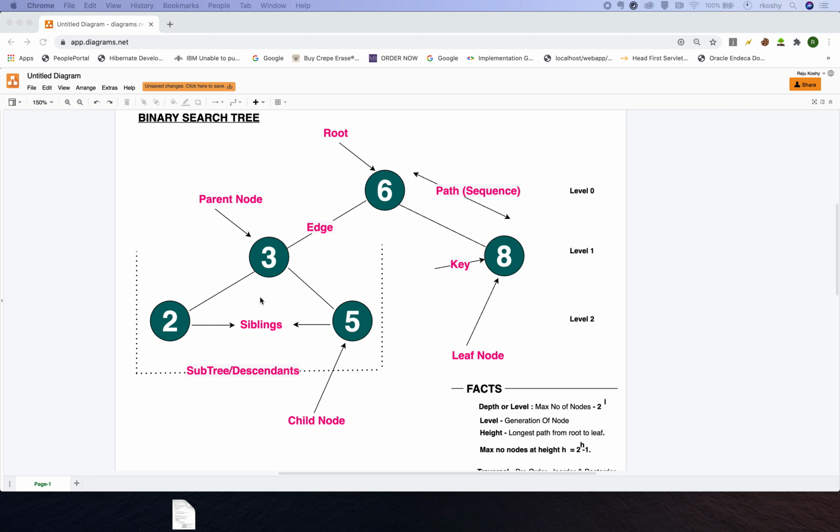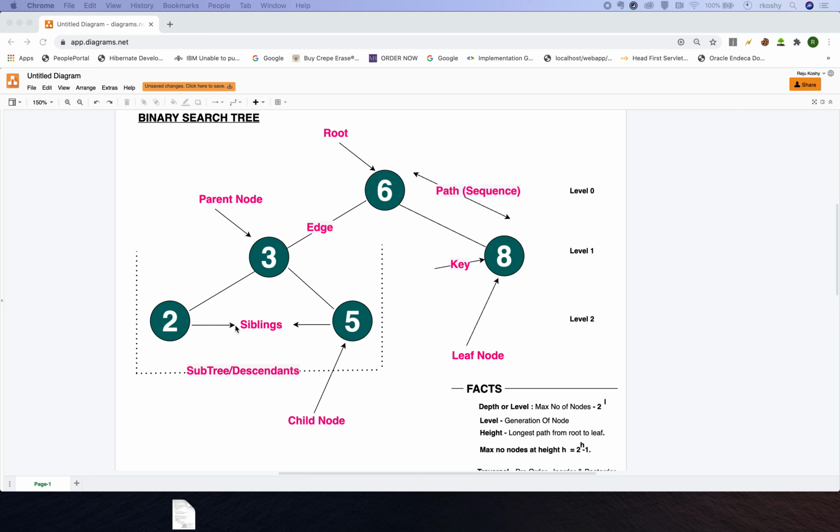One of the subtrees is 3 as the root node and 2 and 5 as the child nodes. This is called a subtree, or descendant nodes forming a subtree. You will be hearing the words descendants and subtree whenever we discuss trees.